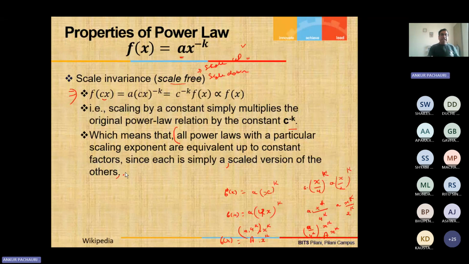They have a different A and a different k, and A and k may have different relations, but they can all be represented in the form of a x to the power minus k. A and k may differ, but all the power laws are the same. They are all equivalent, with different values of constant factors.